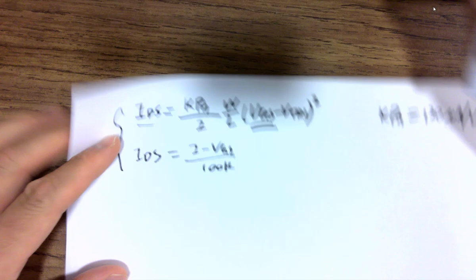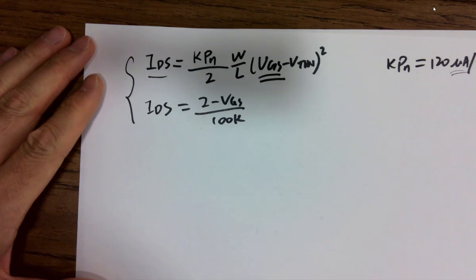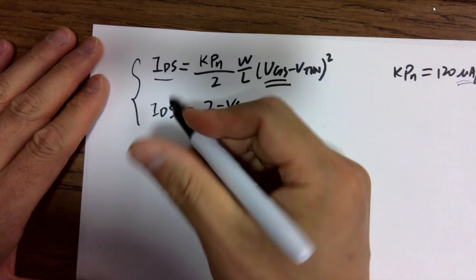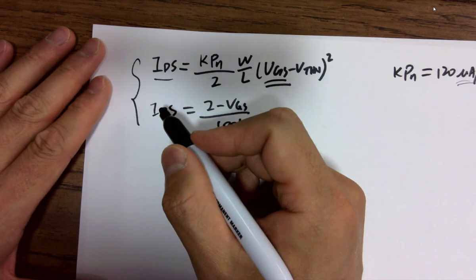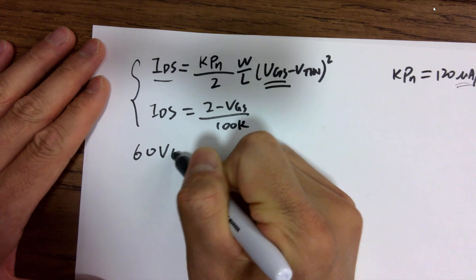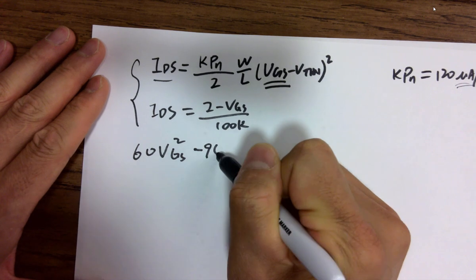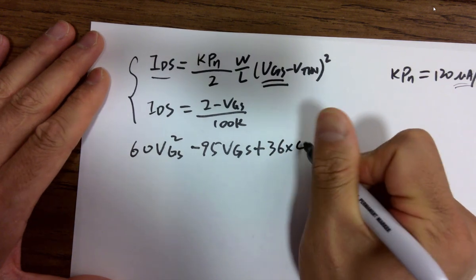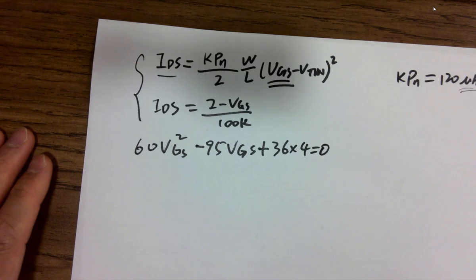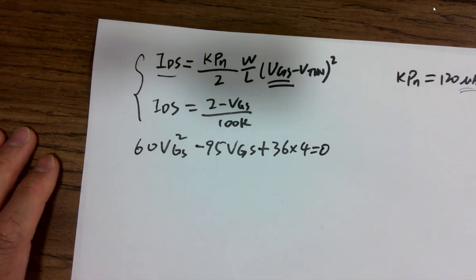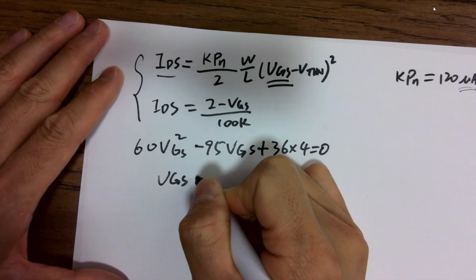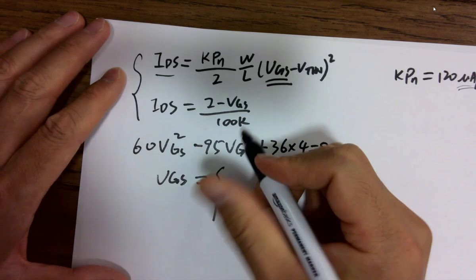It's a quadratic equation, so eventually there will be 2 answers. I'm not going through all the calculations, but if you plug it in, you get 60 VGS squared minus 95 VGS plus 36 times 4. So eventually you get 2 possible values of VGS to satisfy the equation.